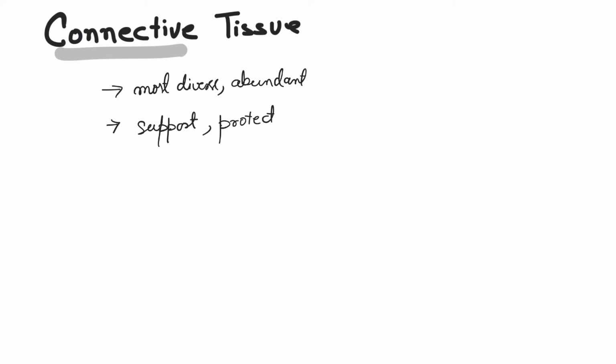So if you first want to understand the general characteristics, what are the common features that you'll find in almost all connective tissues? I am not sure if you're aware of an Indian dish called savaiya.